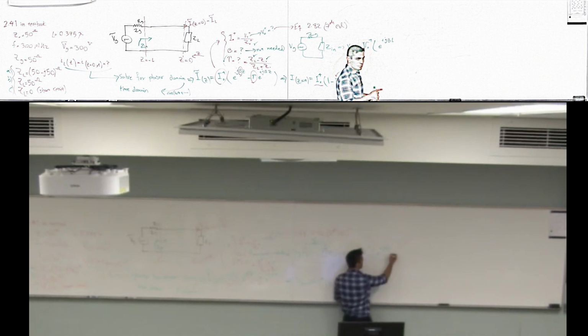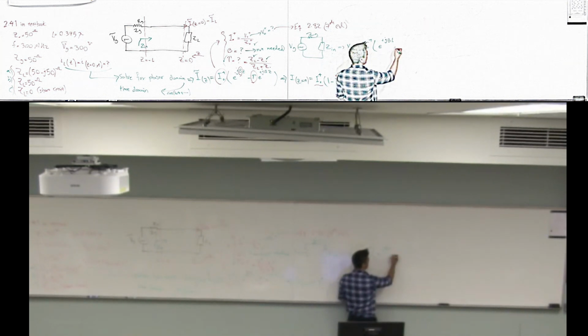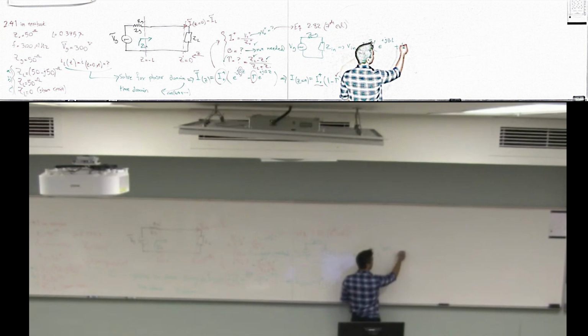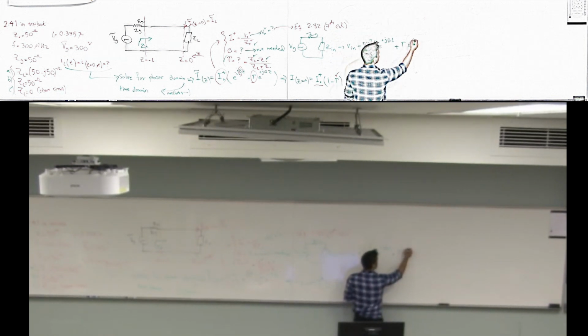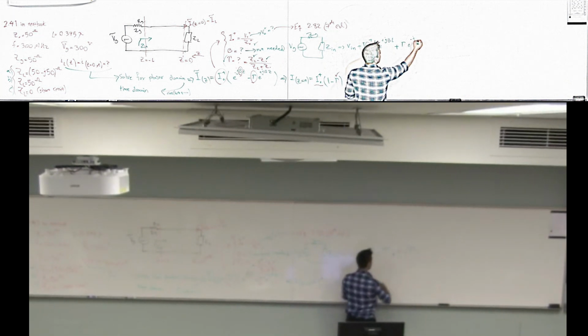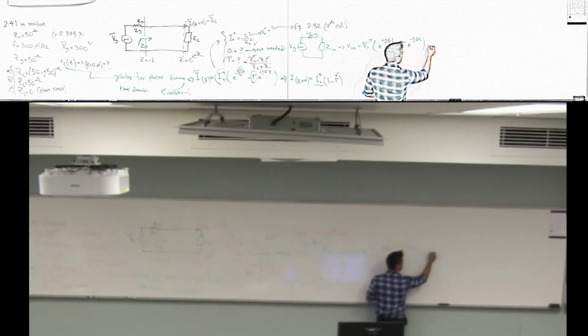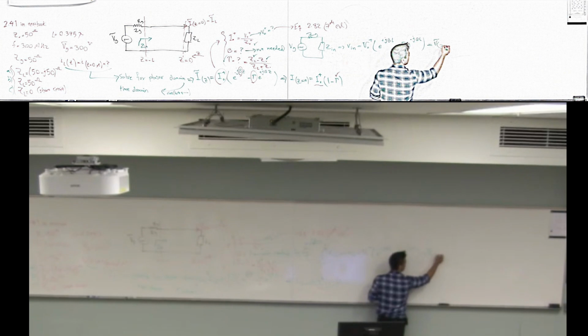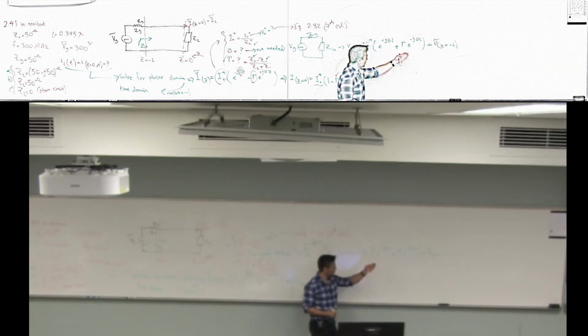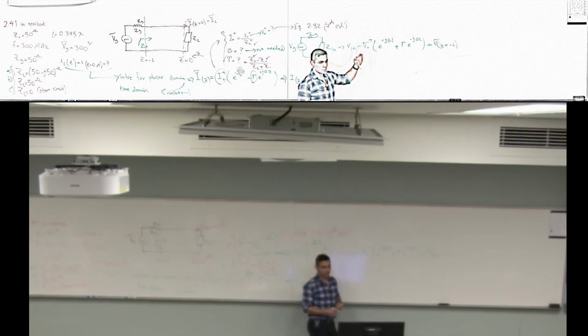No? Plus gamma e to the minus j beta L. Similarly, because Vn is equal to V of Z equals minus L. This is the famous V formula, okay?